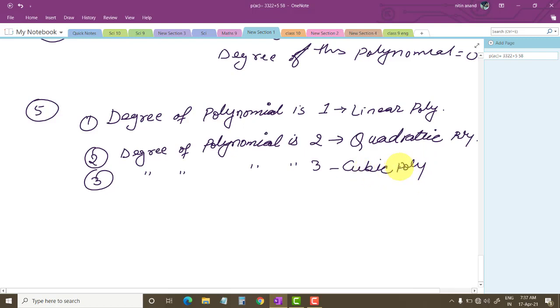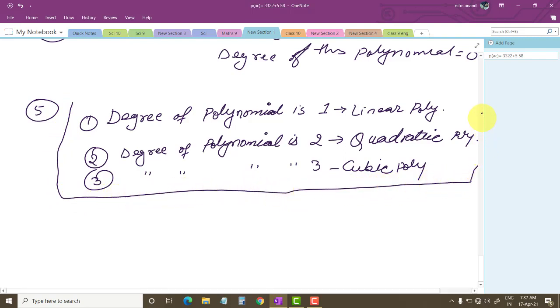Clear? Then we will see the questions. Now this is your concept: which types of polynomial is known as linear, which as quadratic, and which as cubic.